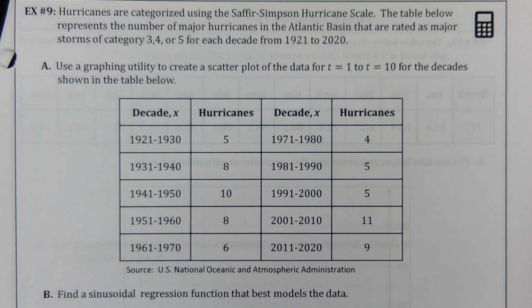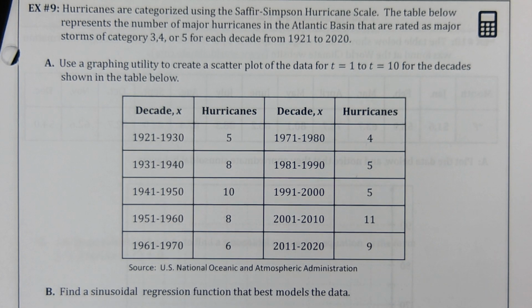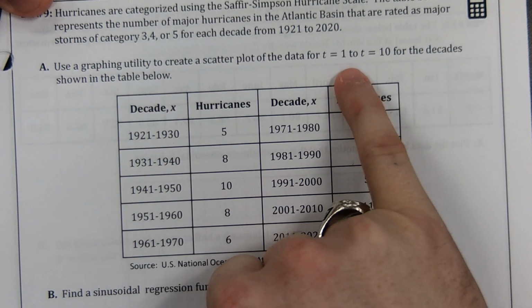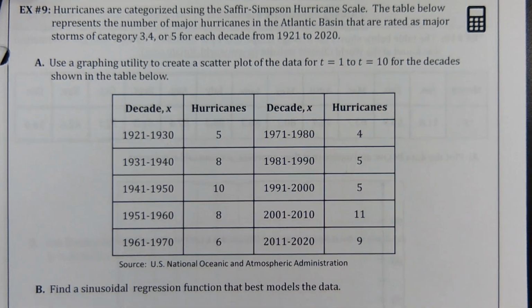Hurricanes are categorized using this hurricane scale. The table below represents the number of major hurricanes in the Atlantic Basin that are rated as major storms of category 3, 4, or 5 for every decade from 1921 to 2020. Use a graphing utility to create a scatter plot. And these decades are our t values from t equals 1 to t equals 10.